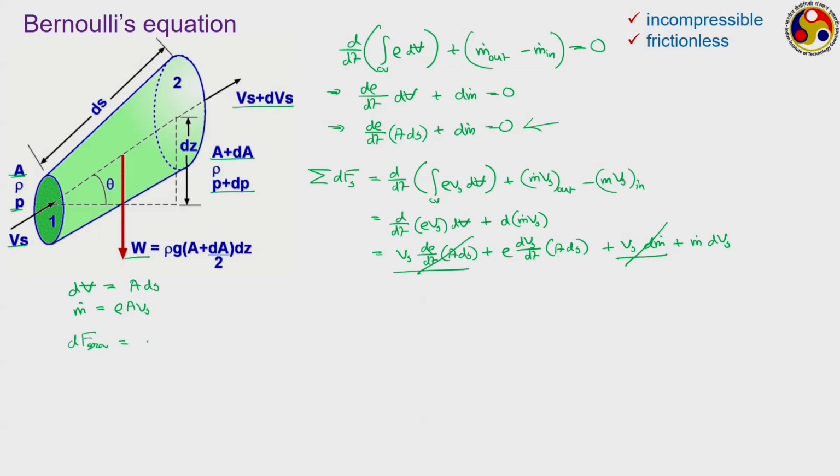So, this should be equal to minus dW sin theta, where dW refers to the mass of the elemental mass which is bound in this, and the elemental mass is shown by this expression.